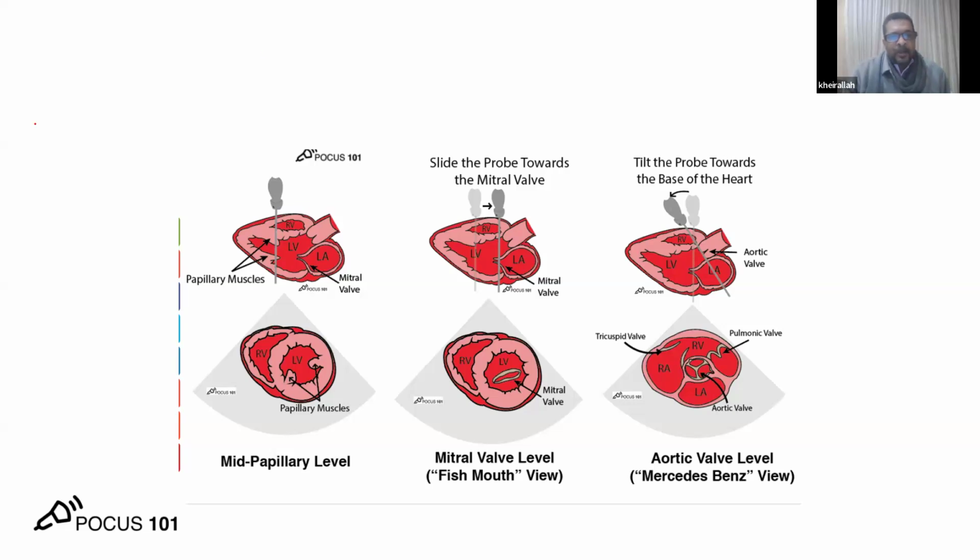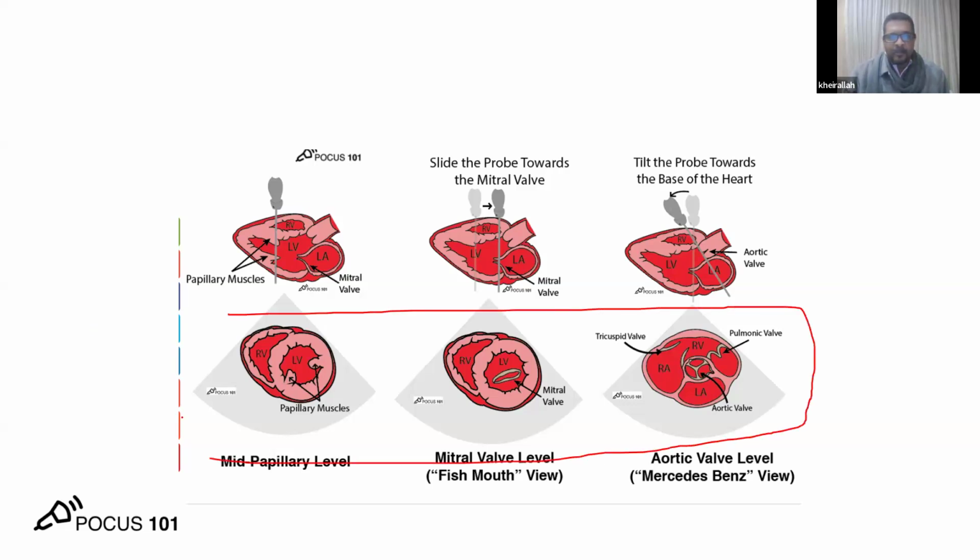So when we cut in the short axis, we have 3 levels of the short axis. We have the short axis at basal level, the aortic valve. You see the aortic valve in the middle, pulmonary valve on the right, tricuspid on the left. And we cut at the basal level in which you see the mitral valve.